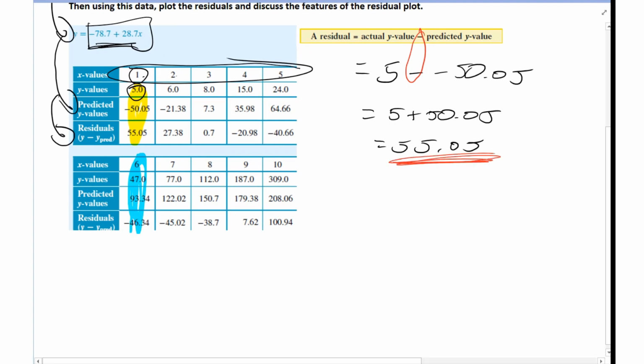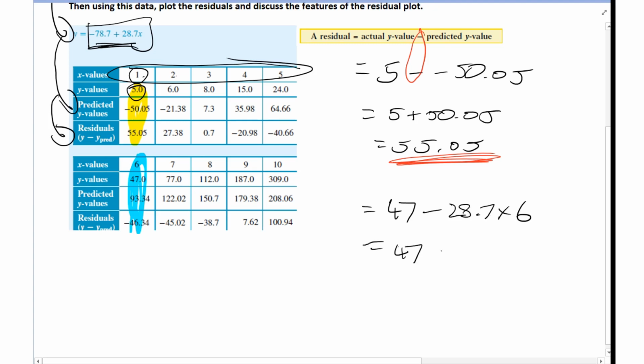If I'm asked for the residual when X equals 6, for example, what was it? Predicted value was 47. Then I'm going to go minus 28.7 times 6.